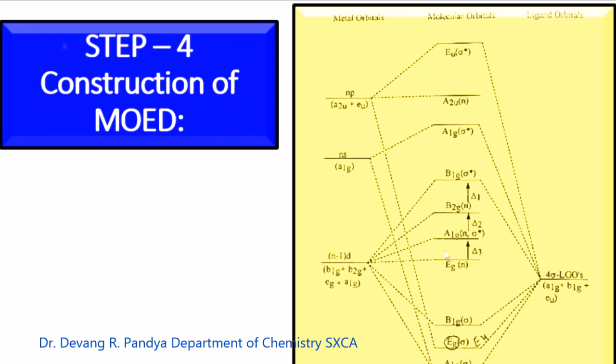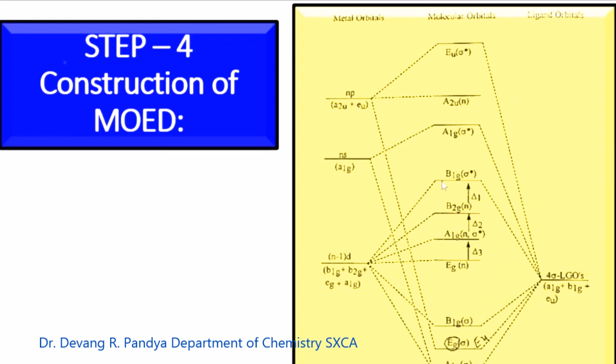So the total splitting energy in a square planar complex is represented by the sum of delta 1, delta 2 and delta 3, and compared to octahedral and tetrahedral geometries with only sigma interaction, this splitting energy is much higher. That is why most of the time in square planar geometry the complex is going to be a low spin complex, and more electrons will fill into this non-bonding molecular orbital, which is going to be the HOMO, and fewer electrons will enter because of the high splitting energy, the major energy gap between these two.